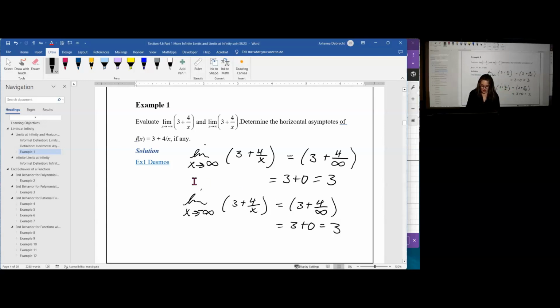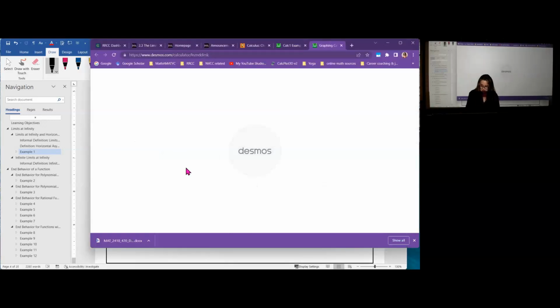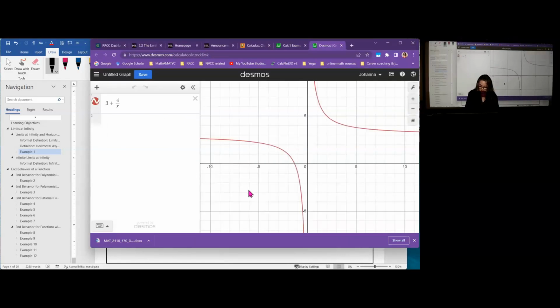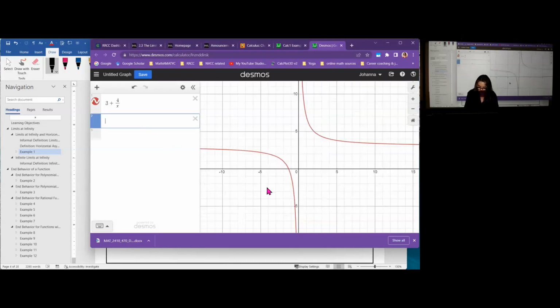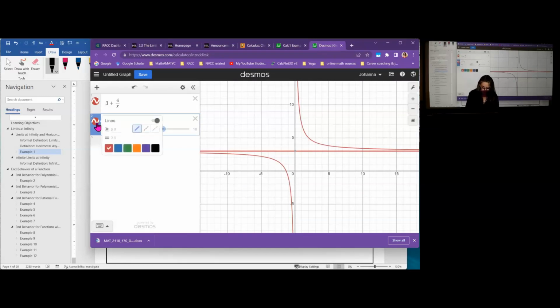Let's click on the graph so that we can verify that this is what happens. Give it a minute, and we can see it right here. Now, if I look at this particular one, and I want to put on here the graph of 3, I can put in y equals 3, and then I would like to make it a different color so it doesn't blend in, and make it dashed.